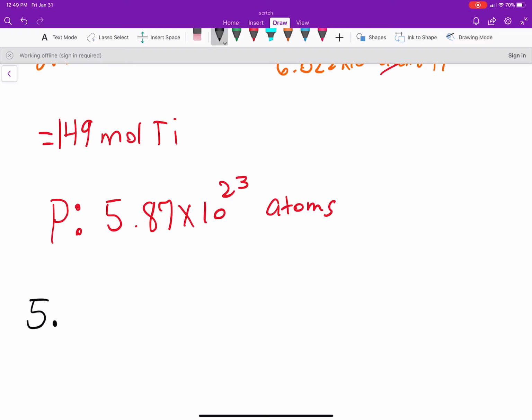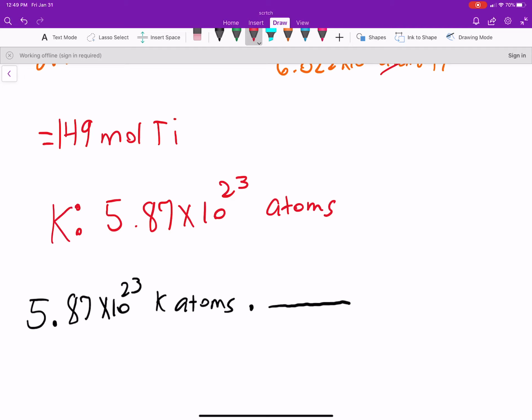Start with what you're given. Potassium atoms. Okay? I should probably use K because that is the atomic symbol. So helpful to do that.